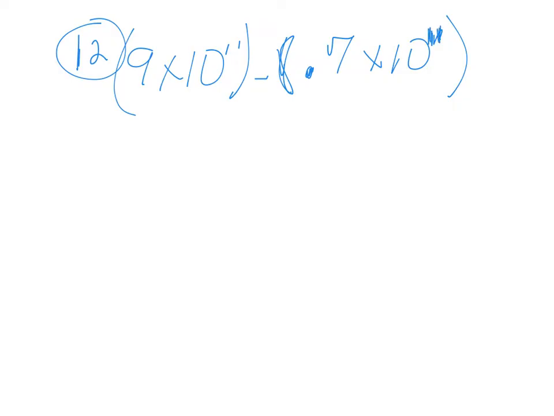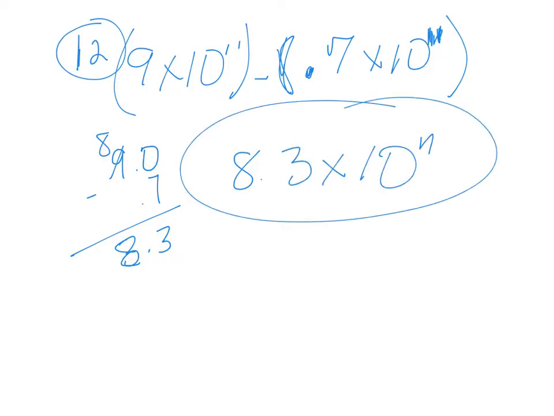Now we're going to change it to 0.7 times 10 to the 11th. So now we can just do 9 minus 0.7, so 9.0 minus 0.7. And we're going to get 8.3. And the 10 to the 11th just stays as is.